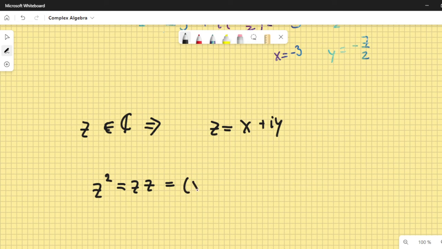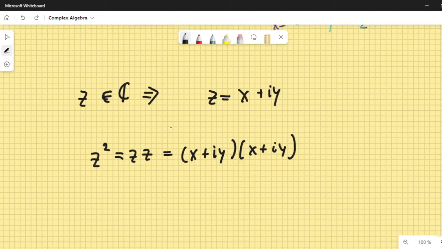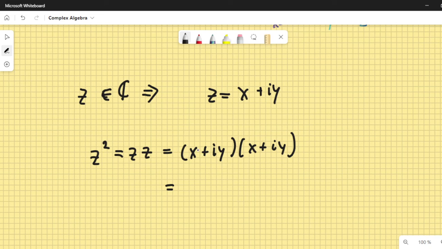So it's x plus iy multiplied by itself, because c is equal to this, I'm just making a substitution. It's a binomial square, so you can apply the formula. Just remember that i squared is minus 1.